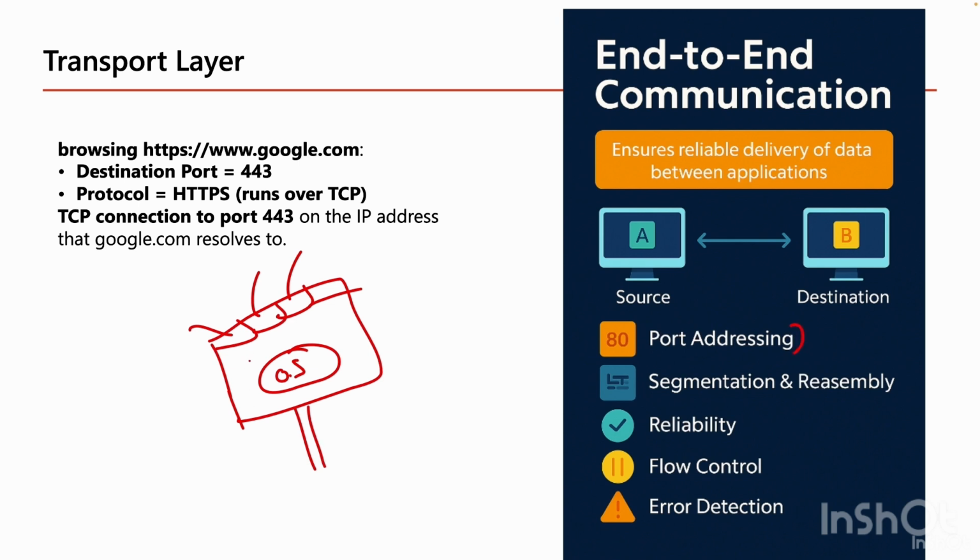So every time data is being sent from a tab, let's say google.com is coming from this tab, the operating system would take it to the transport layer and say, can you pack this up for me? So the transport layer would add something called a port address to it, followed by the data. The port address will be a header.